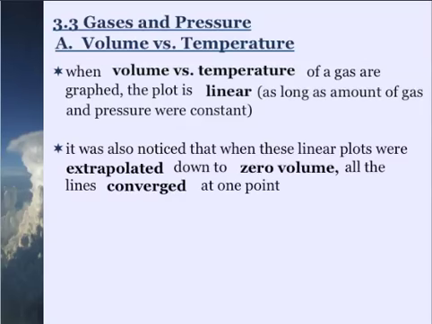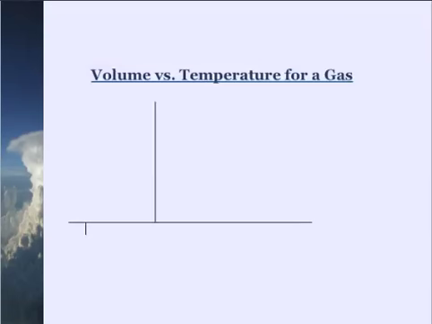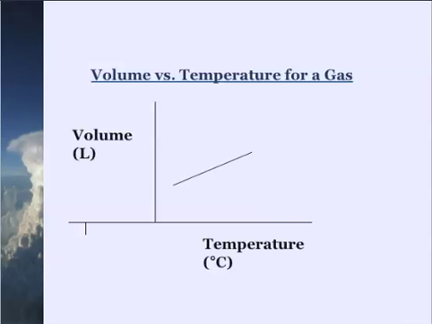point. Okay? So, if we have volume versus temperature for a gas, okay? We're going to plot volume and temperatures in degrees Celsius, okay? And we have this line here. So say this is the data, some data sets that we collected.